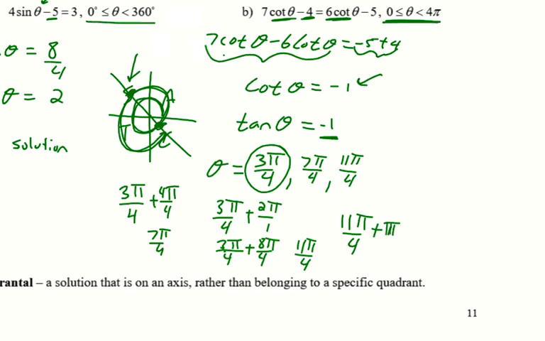I'll call that 4 pi over 4 now. So this ends up being 15 pi over 4. That was our next answer, 15 pi over 4. Okay, so there's all of our solutions. There should be 4 solutions to our equation now. All right, hopefully that made sense and didn't confuse you guys.